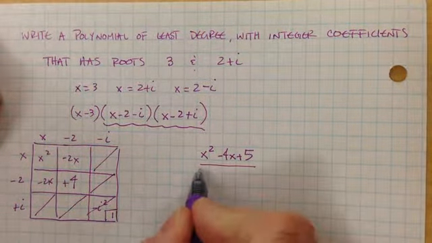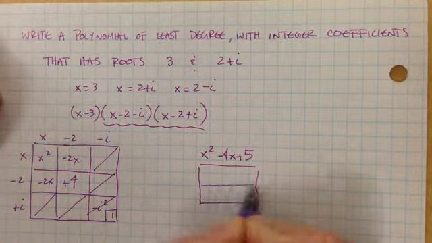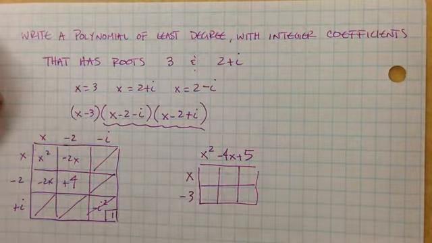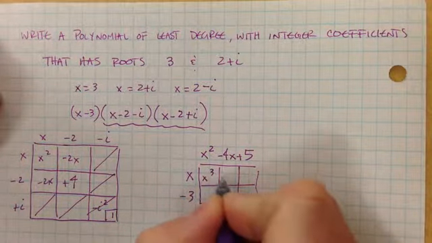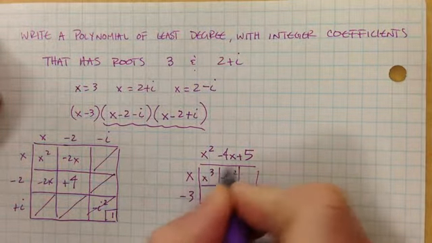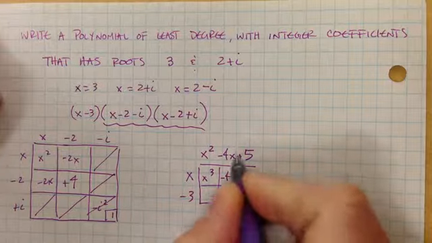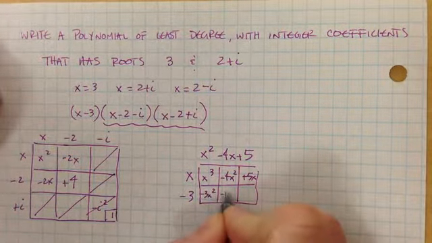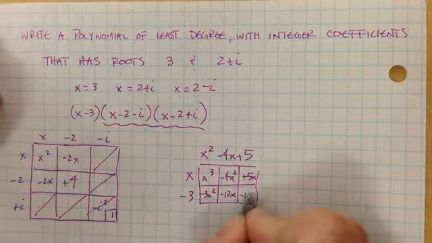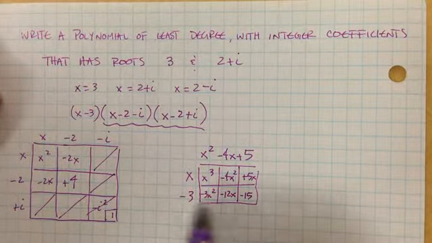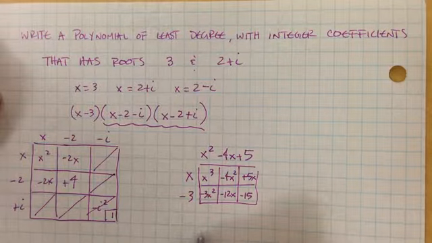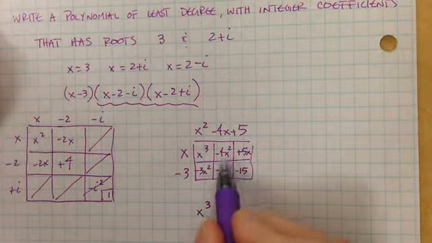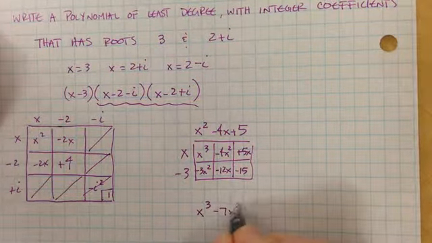So we need to multiply this times x minus 3. X cubed, negative 4x squared, positive 5x, negative 3x squared, positive 12x, negative 15. Put all this stuff together, combine like terms, x cubed. Let's see, we get negative 7x squared.